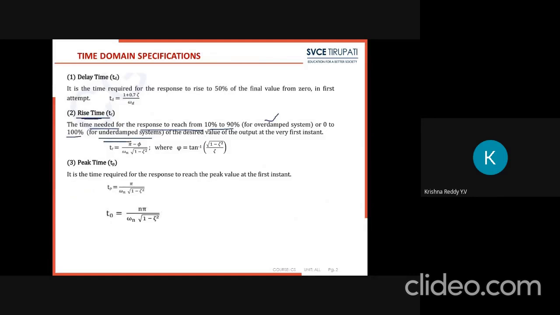It can be calculated by using the formula TR is equal to (pi minus theta) divided by omega d, where omega d can be written as omega n into square root of 1 minus zeta square, where theta is tan inverse of square root of 1 minus zeta square divided by zeta, or otherwise cos inverse of zeta.